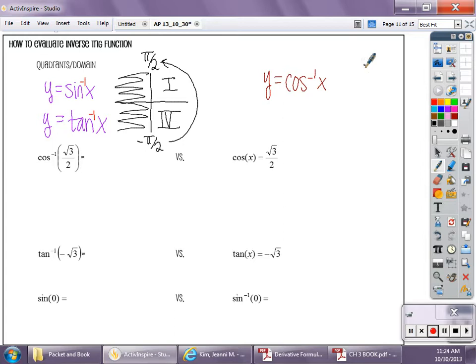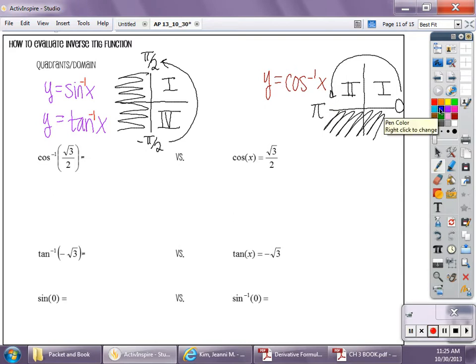Cosine is the nicer one. Cosine's friendlier. It doesn't use 3 and 4. It uses 1 and 2, which is nice. That's why cosine uses 0 until regular π. That one is the nice one. So if I use 5π/6, it's still 5π/6 using the inverse function. So what does the inverse do?